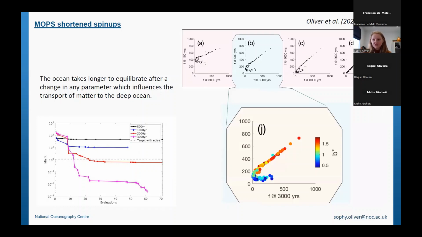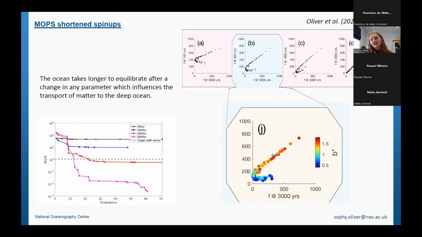So I mentioned before that we had to run MOPS for 3,000 years before we could calculate the misfit. And that's so that the MOPS model can equilibrate throughout the global ocean so that traces stop changing with time. So you're in a steady state. And it needs to be over 3,000 years to do this because of the long timescales of the deeper ocean.